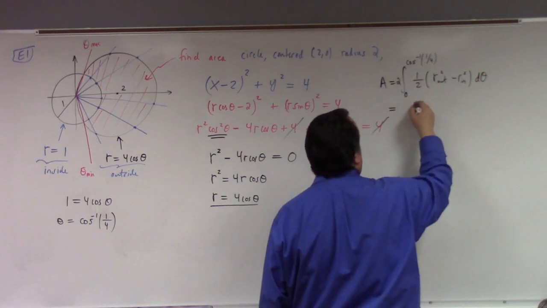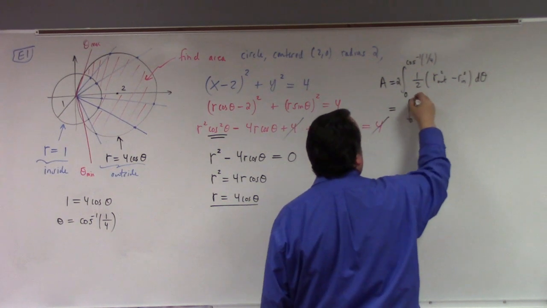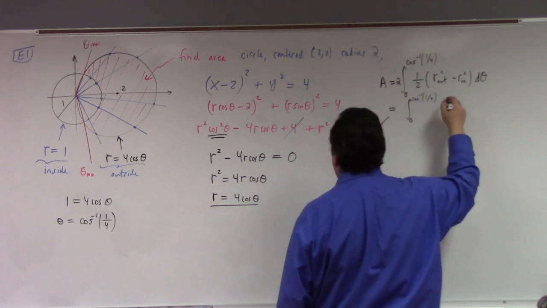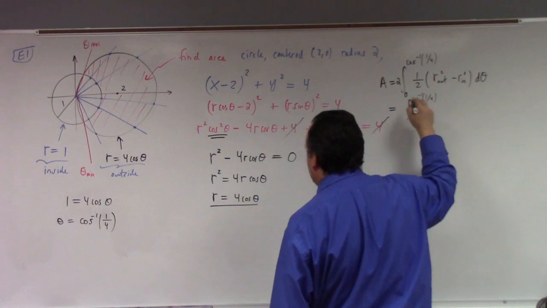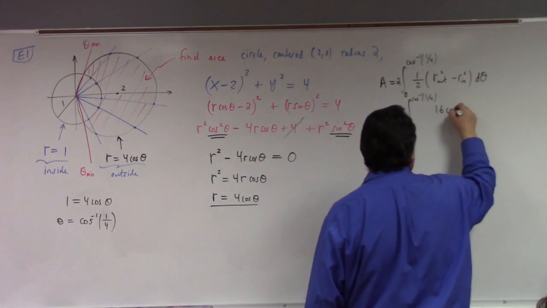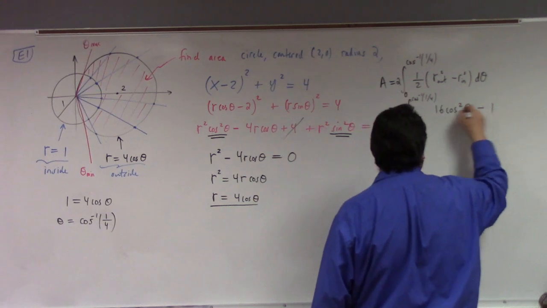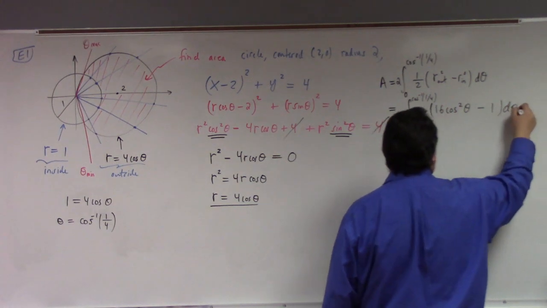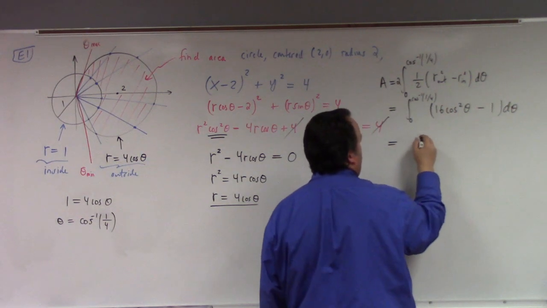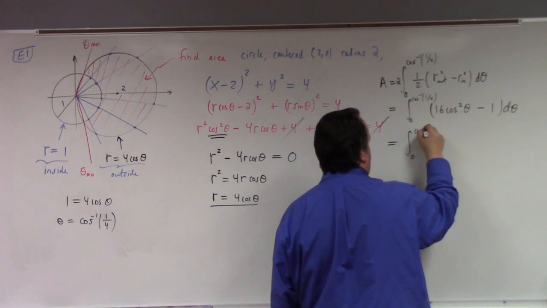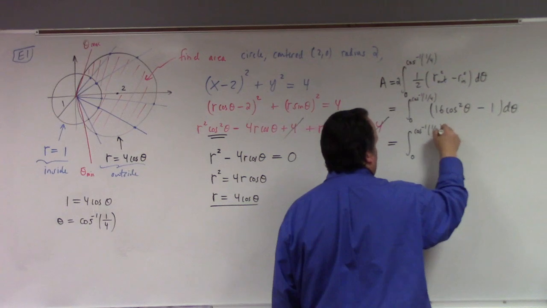So the 2 and the half cancel. We have the integral from 0 to inverse cosine of 1/4. My r out squared was 16 cosine squared theta, and then minus 1, yeah? Which is the integral from 0 to inverse cosine of 1/4. I'm getting really tired of writing that. I should have called that something. I did.